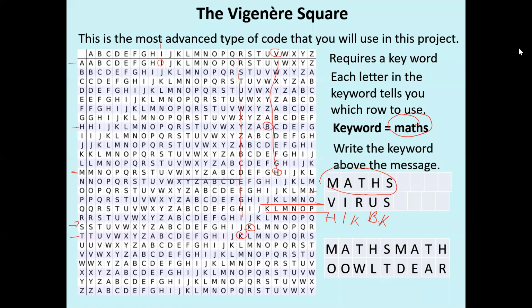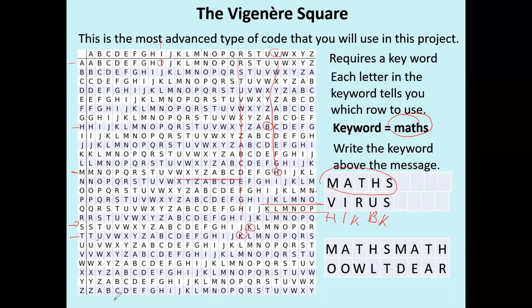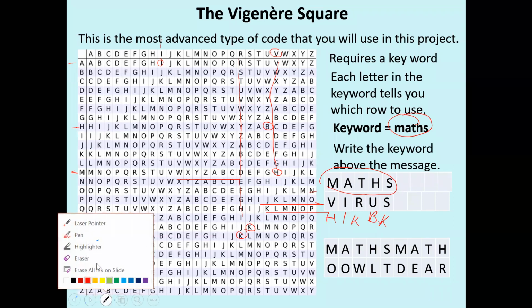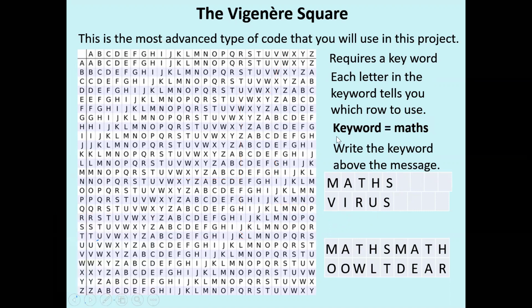So let's just clear all those. So what we're going to do now is try and figure out how to decipher this. So we know that the keyword tells us the rows. So we're going to start off here.